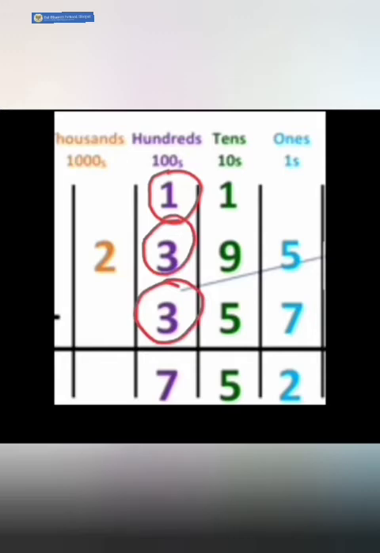We will add these 3 numbers at the hundreds place now. As you can see here, 100 plus 300 gives you a 700. 7 is at hundreds place. So removing the zeros, we will take only 7 here.